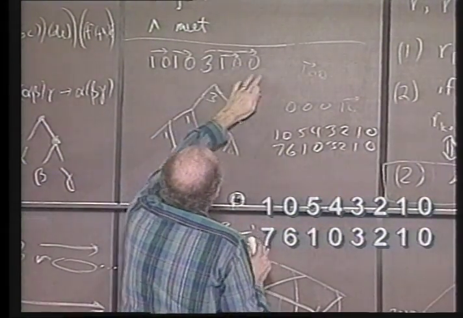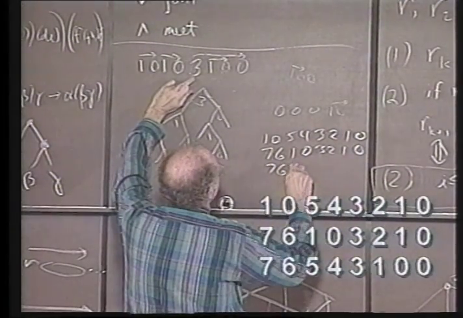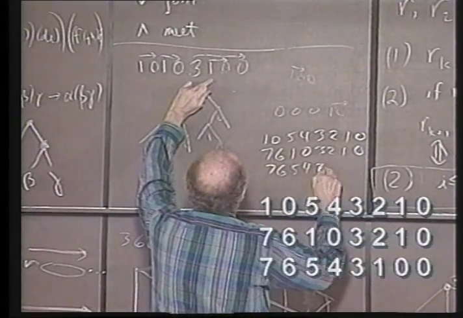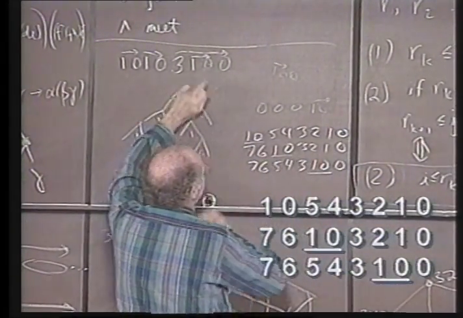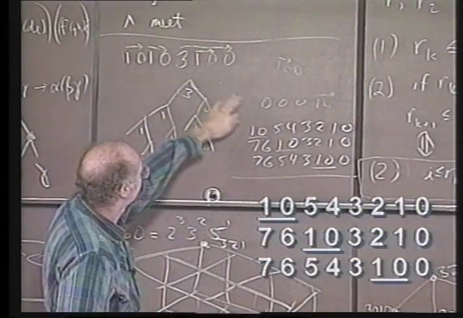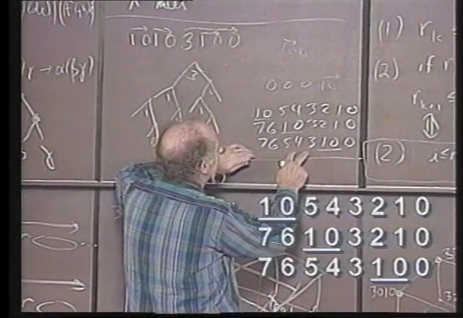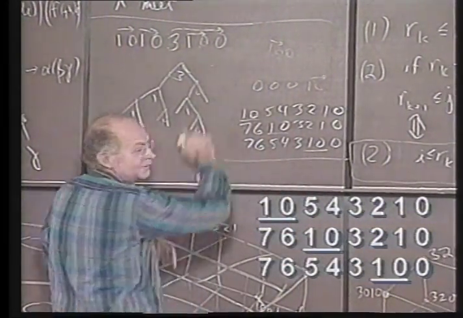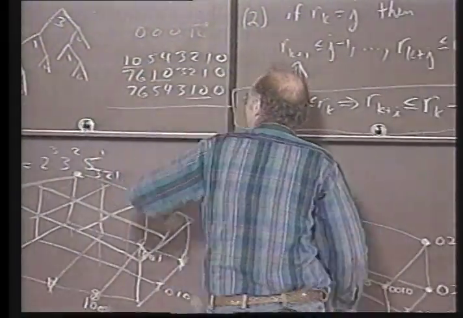And then here I'm going to get 7, 6, 5, 4, I think 3, 1, 0, 0. I just have to zap there, here, and here. And now I take the minimum of these component-wise. I get my 1, 0, 1, 0, 3, 2. So the meet of these 3 trees is this one. And so in some sense, this is a prime factorization of the trees.